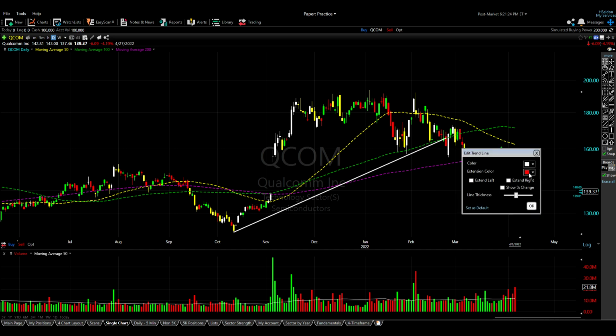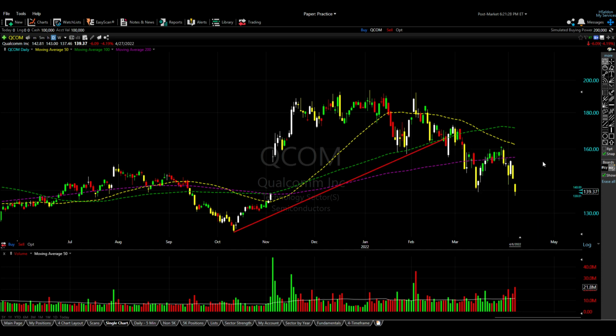This got breached to the downside, so we're going to make it red. If it gets breached to the upside, it'll be green. If it doesn't get breached, it'll be white. And a line that breaches both up and down on the same candle will be blue. You'll see what I mean. But this one here, clearly, you had support for Qualcomm going all the way up, and then it broke below it right here.